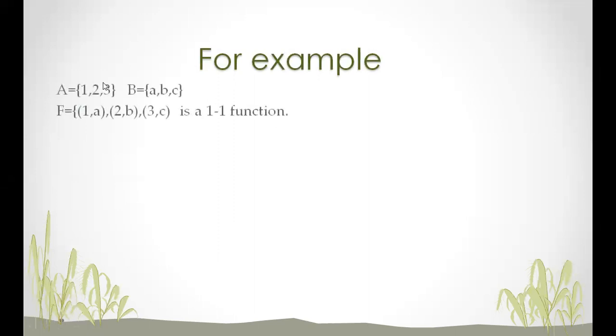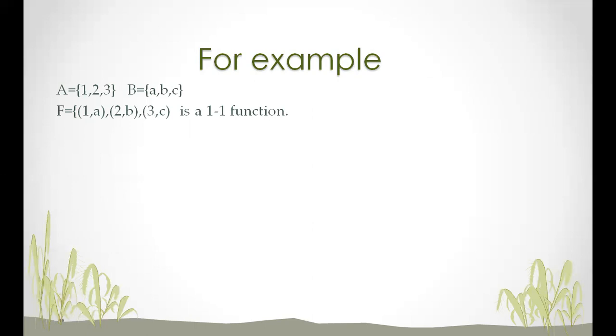So see an example of A and B. Here you see 1, 2, 3 and B: A, B, C, and here I make a function 1, 2, 3. First of all, see all the elements of set A are used in this set, and all the elements of A appear exactly once, so it is a function.